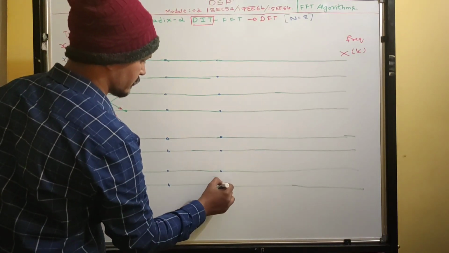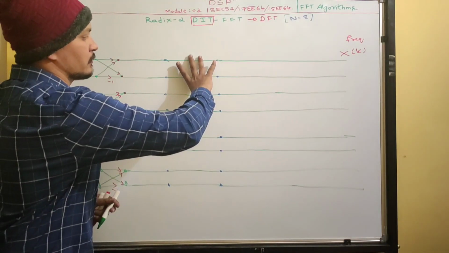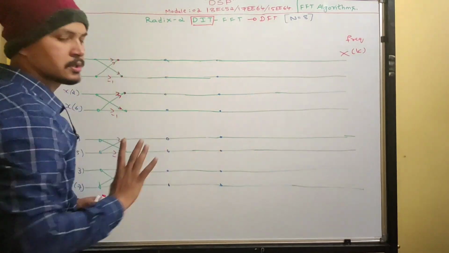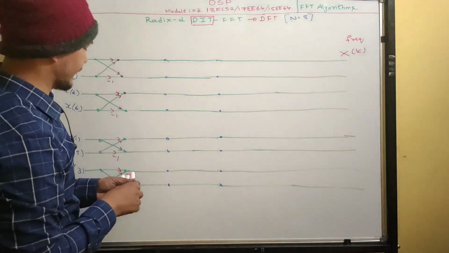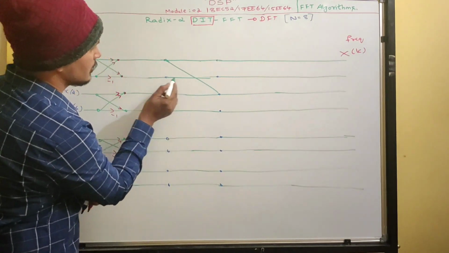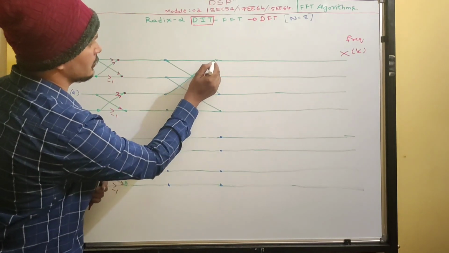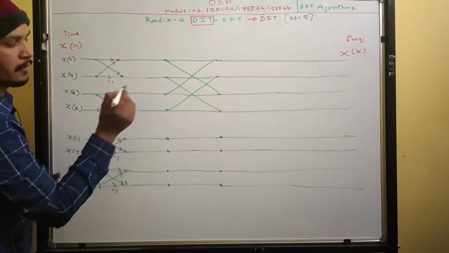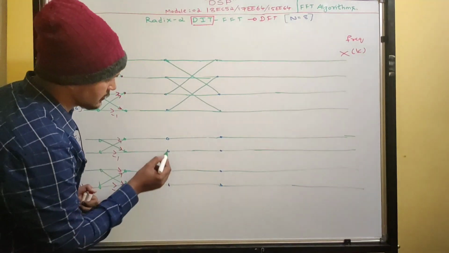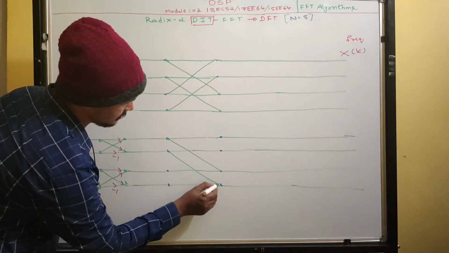Fine. So now to compute 4 point DFT, take 4. 4 is one group, another 4 is another group. So how to connect this? This will get connected to this, and this will get connected here, and this will get connected to here, and this will connect to here. This is the way you should connect it. First one to third one. Like this you write.